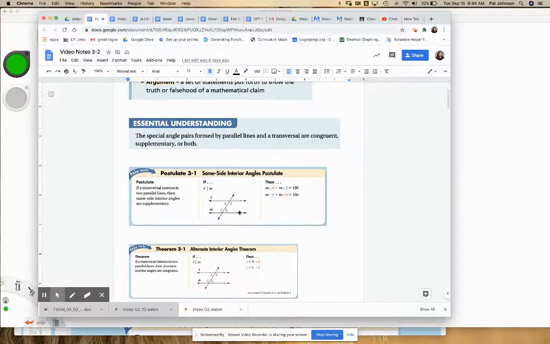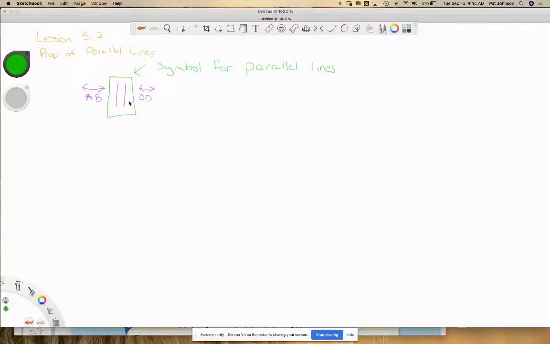That's really important here. The first postulate, 3-1, I don't expect you to know the number. I just need you to know it's the same side interior angle postulate. This postulate says if the transversal cuts two parallel lines, that's important. We already talked about what the symbol for parallel is.